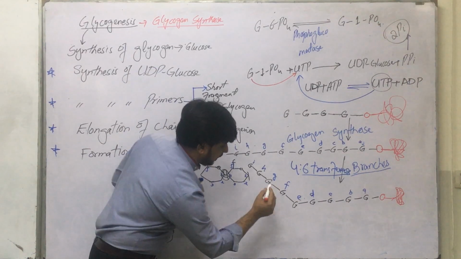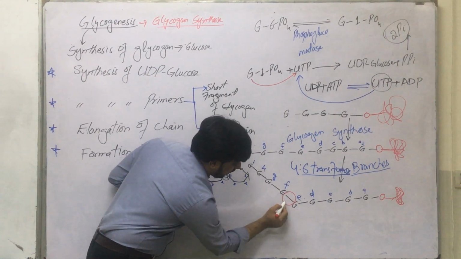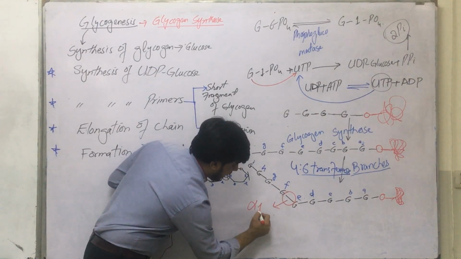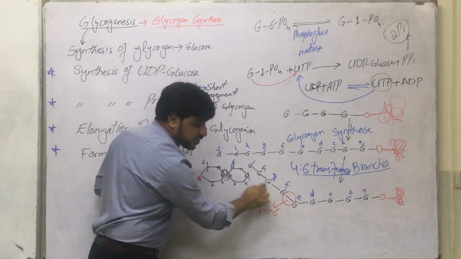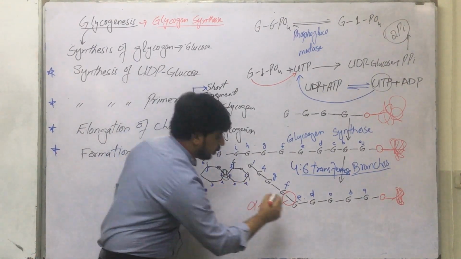As you can see over here, this bond is the alpha 1,6 bond, and the rest of the bonds are alpha 1,4.